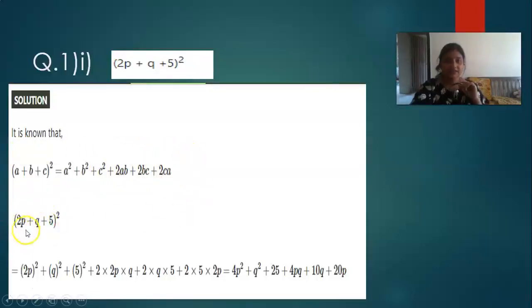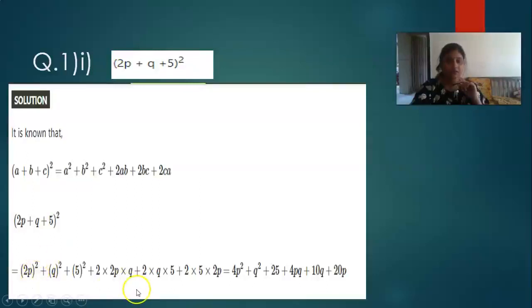This is our a, this is our b, this is our c. So a square plus b square plus c square plus 2 times a into b, where a is 2p, b is q, plus 2 times b into c plus 2 times a into c. So what is the power of 2? 2.